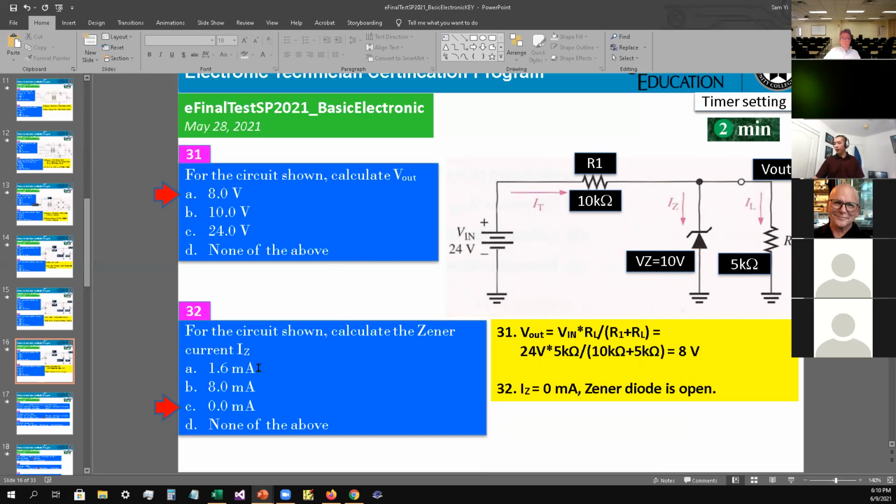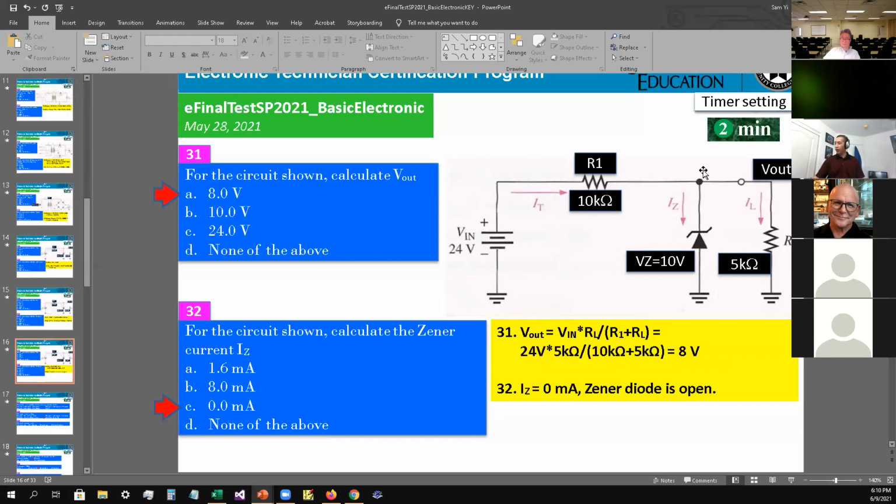Okay, 32, for the circuit showing, calculate the Zener current IZ. The 24 volt goes here, and V out here was 8 volt. So it's not in breakdown or anything. It operates like a normal diode.